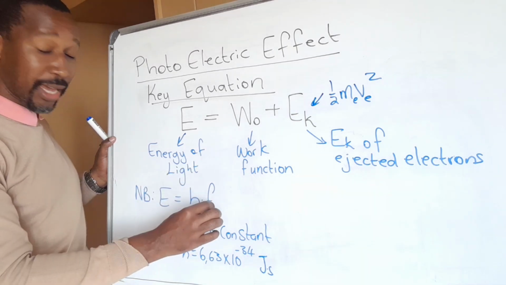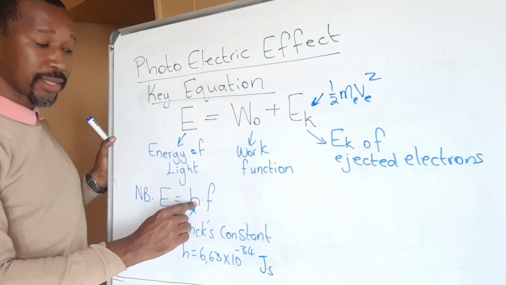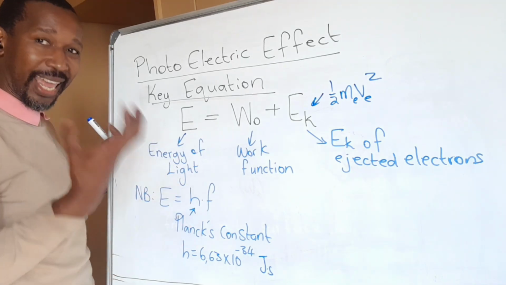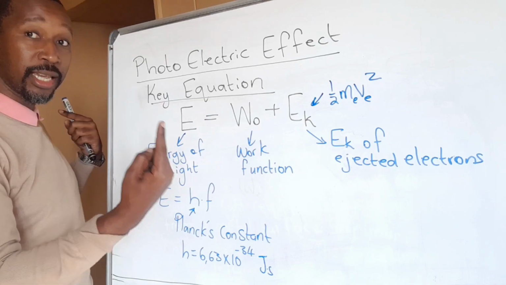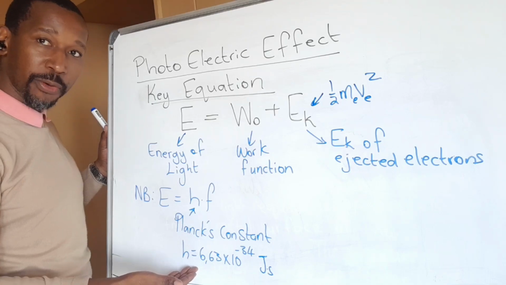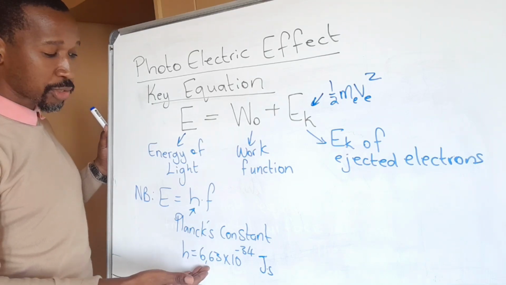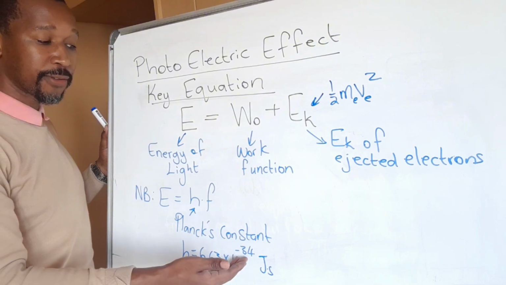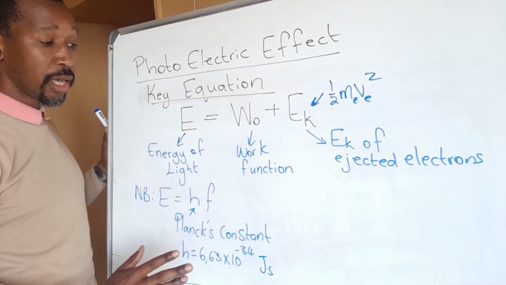So when we know the frequency of the light, we just multiply by this number called Planck's constant, and we get the energy. So that's a conversion between energy and frequency. Planck's constant is a given. It will be given on the formula sheet or information sheet as 6,63 times 10 to the power negative 34. So that's what we're going to be using.